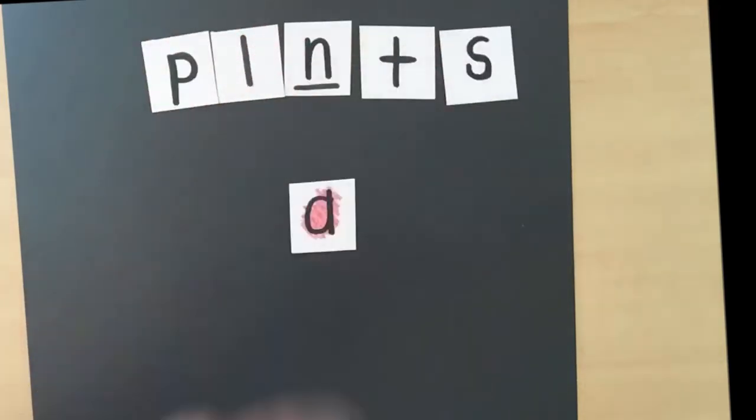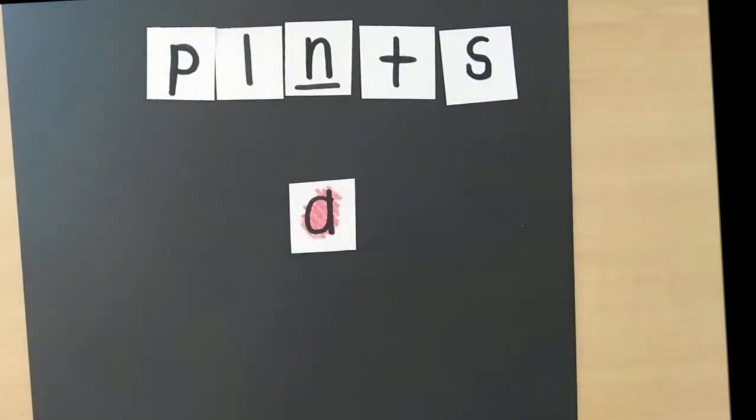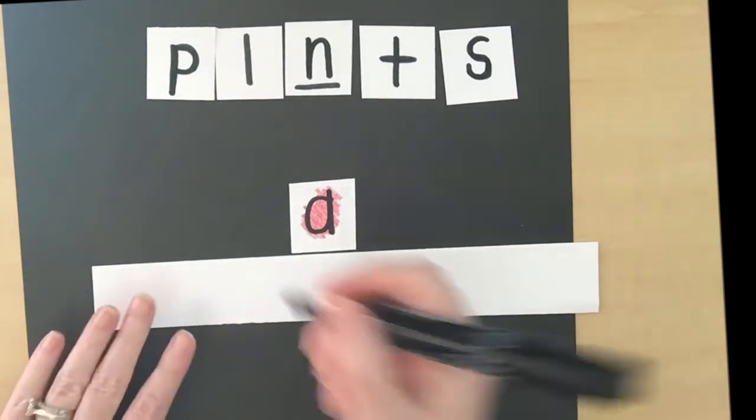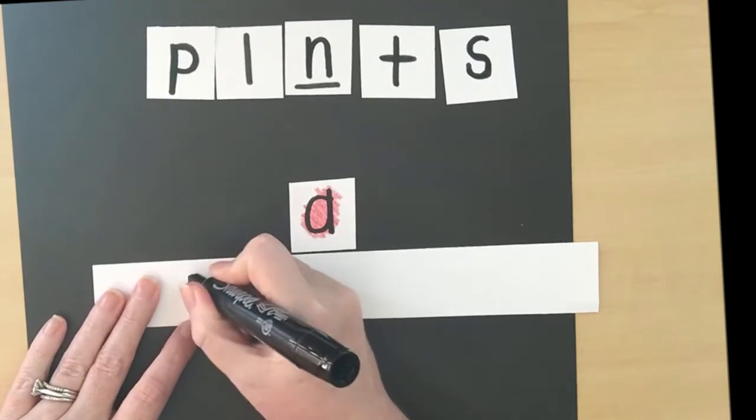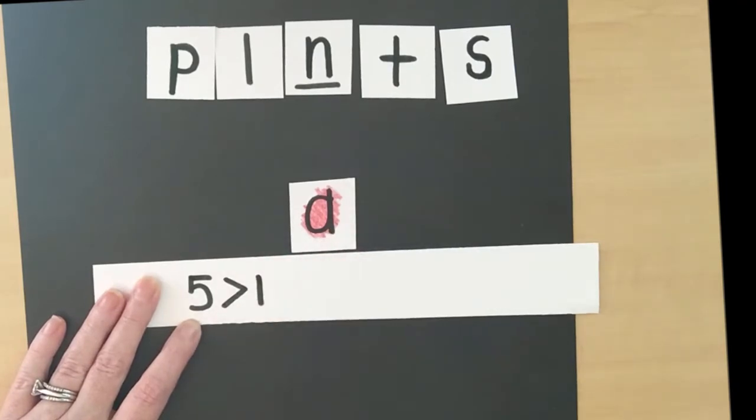So I'm going to put them into groups, sorting them, consonants on top and the vowel on the bottom. If you look at it, you can tell, do we have more vowels or more consonants? We definitely have more consonants, so we could say we have more consonants and fewer vowels. Or we could say we have 5 consonants, which is greater than 1 vowel.